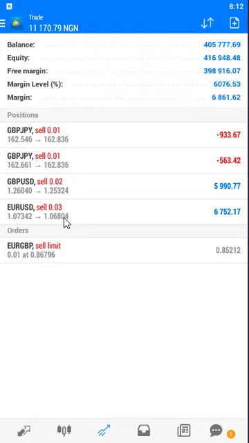That means 100 points will equal 10 pips. That means, right again, 1,000 points will equal 100 pips. That means if the market moved by 50 points, that equals 5 pips. If the market moved by 80 points, that equals 8 pips. If the market moved by 25 points, of course that's 2.5 pips.